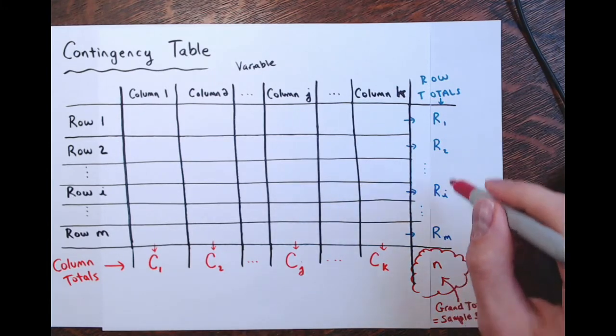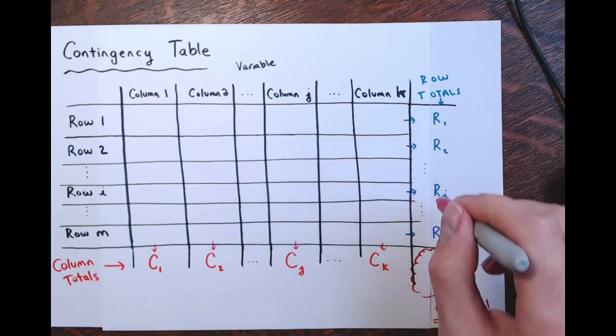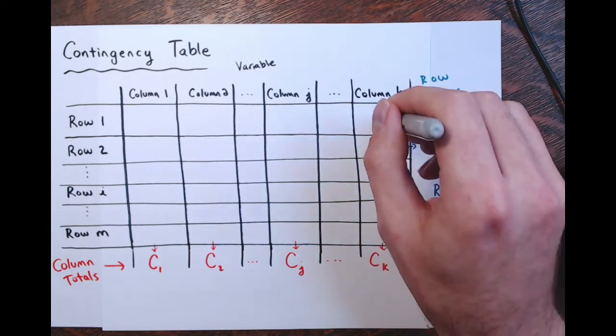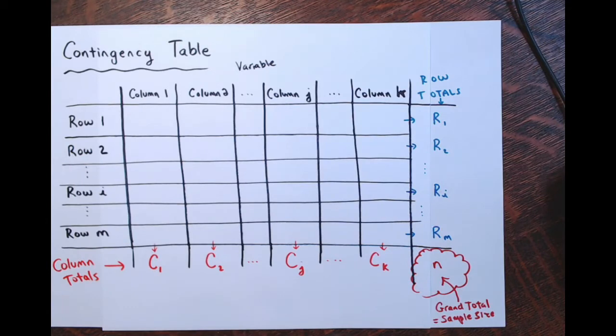So this is the sum of all the row totals, or the sum of all the column totals, right? So all my column totals should add up to n, all my row totals should add up to n, and again, n is just the sum of all the values in the table that aren't column totals and row totals.